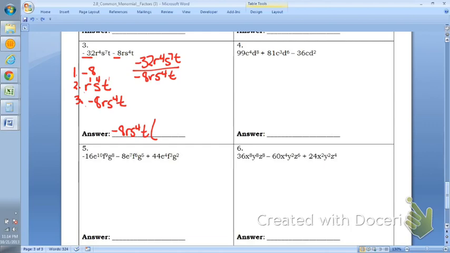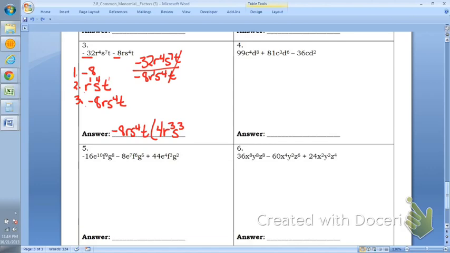Negative 32 over negative 8 equals positive 4. R to the 4th over R to the 1st equals R to the 3rd. S to the 7th over S to the 4th equals S to the 3rd. You're just subtracting, remember. Then T over T cancels out.